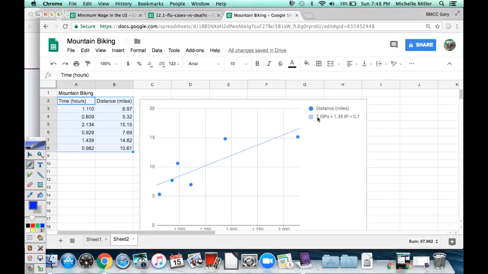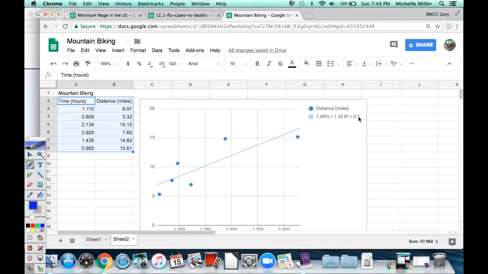So here it's telling me part of it, so I would say y equals 7.09 times x plus 1.35. So it's telling me the y-intercept, and it's telling me the slope.